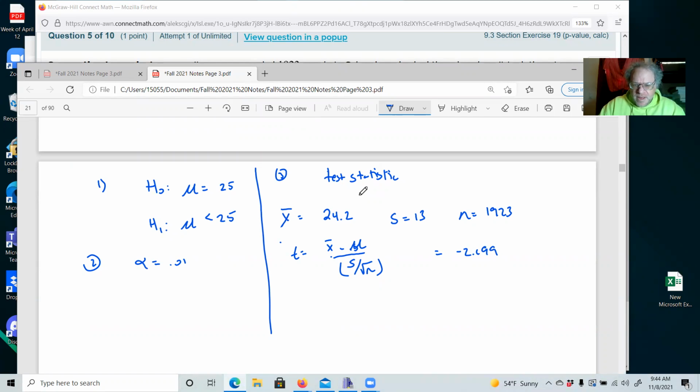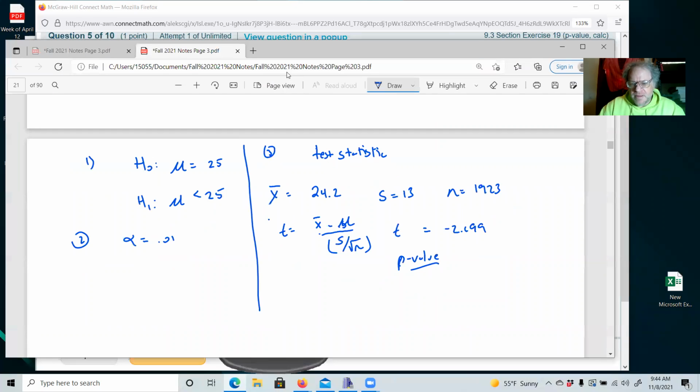Right. Our p-value from that. So here's our test statistic. Our p-value, this is what we really care about because that's what's going to help us answer the question. 0.0035. Okay, and that's what we care about for that.